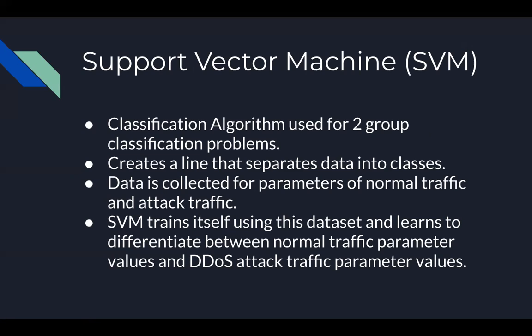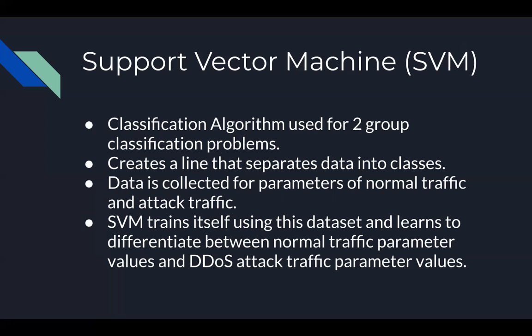So the machine learning algorithm we use here is the support vector machine, SVM, which is able to differentiate between normal traffic and attack traffic. SVM algorithms take the data and classify it into two parts.